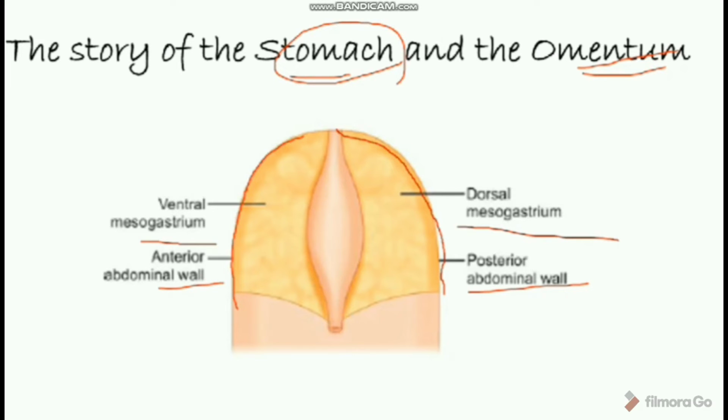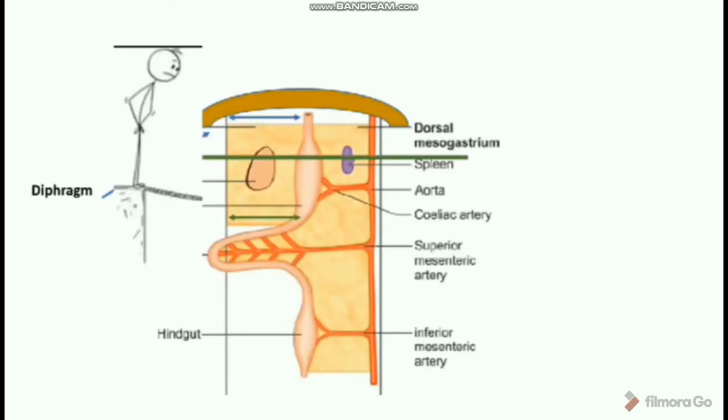Now what happens next? Remember, the ventral and dorsal mesogastrium are going to house some other organs, so there will be support to them as well. So good news, the stomach has two more neighbors. Now just look at this.